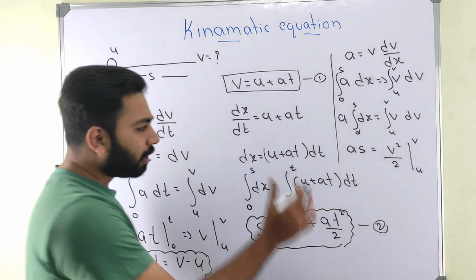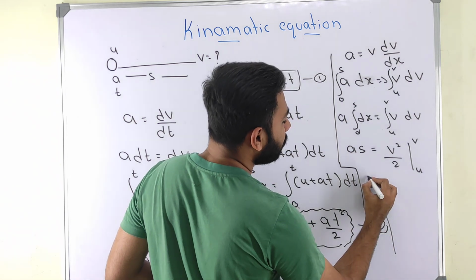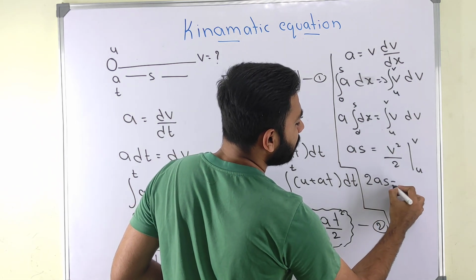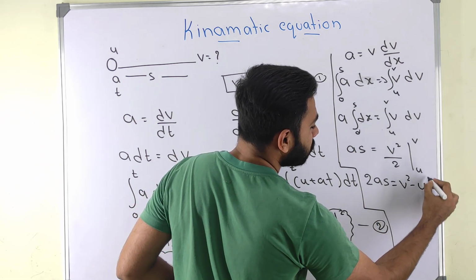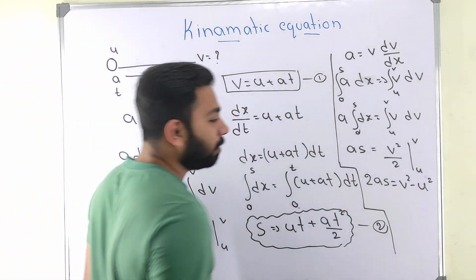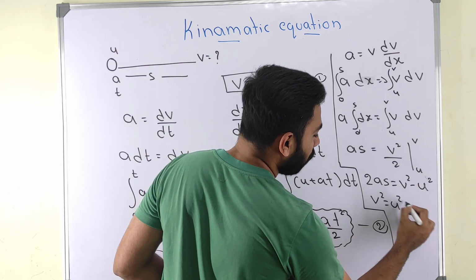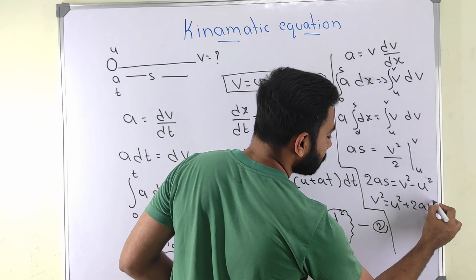On rearranging all the terms, I will get 2aS is equal to v square minus u square. Then v square is equal to u square plus 2aS.